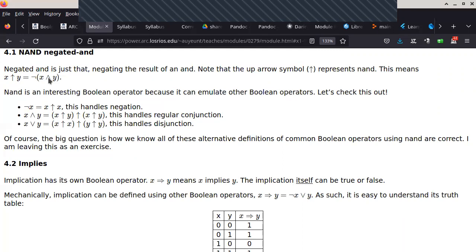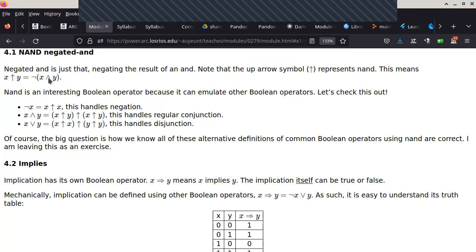Does everybody understand what negated AND, also known as NAND, is? Is that definition okay? The definition by itself has no particular meaning. All that is saying is, if you see the left-hand side, it really is the same thing as the right-hand side. That's all it's trying to establish. You can look at this as a shorthand.